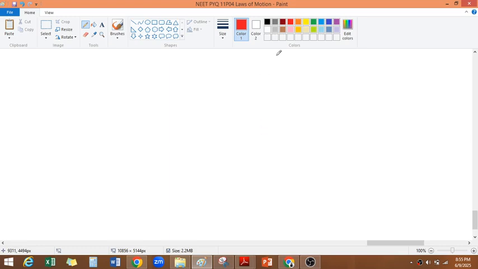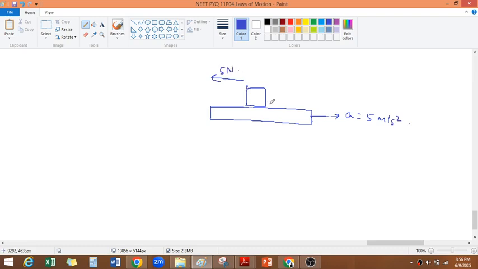Okay, very confusing problem, so please pay attention. So what I'm saying is, if you pull it slowly, then the force here is 5 Newton. Friction here is also 5 Newton.